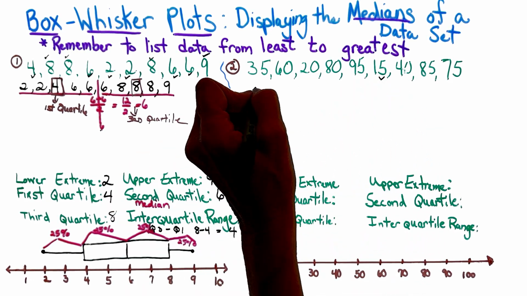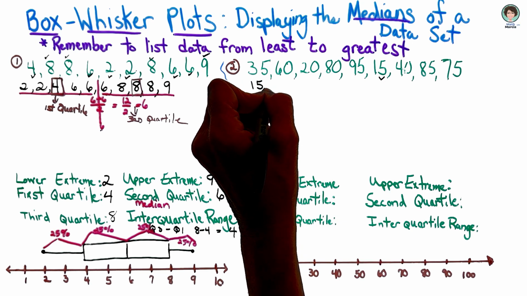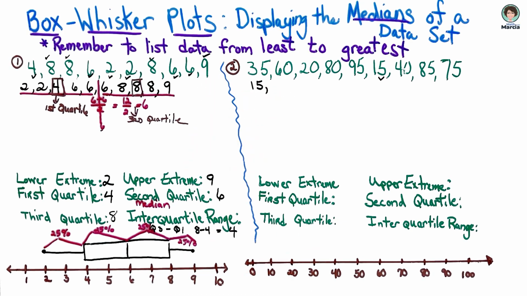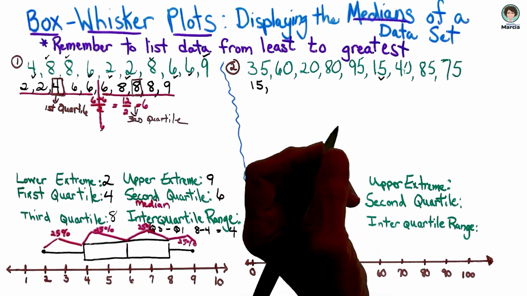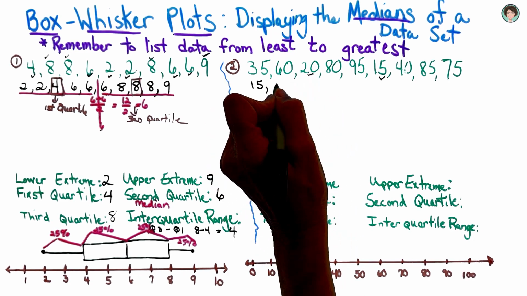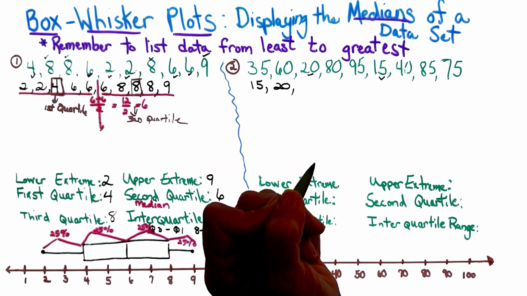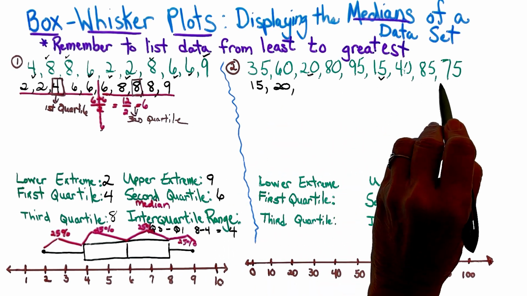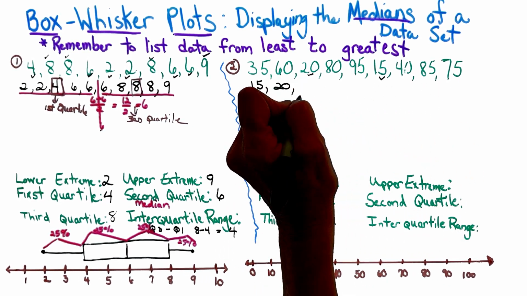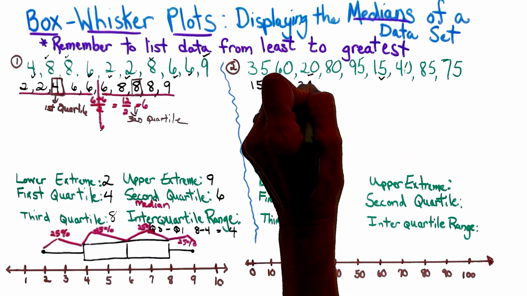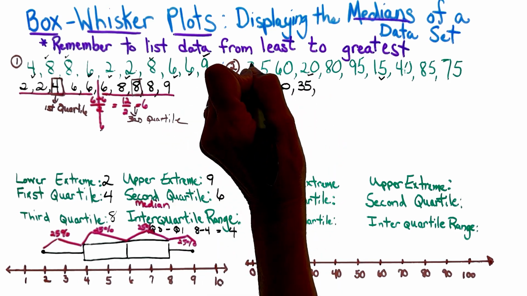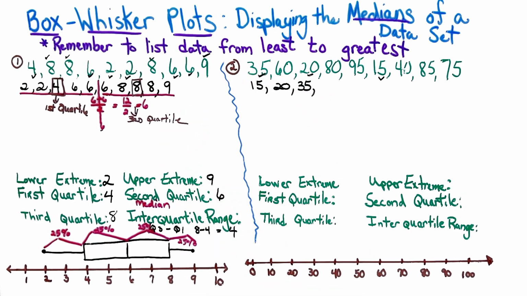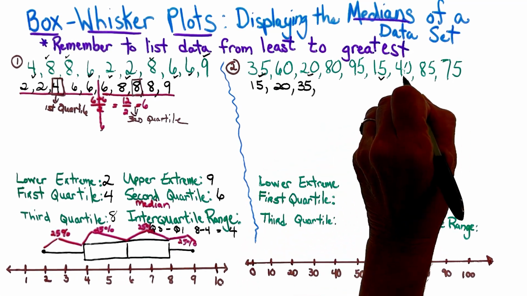So we know that we're starting with our 15 there. And from the 15, we go to our 20. And from the 20, I'm looking for my next number up. It is definitely a 35. And I'm marking that. Remember, always mark your points that you're listing. My next one is a 40.